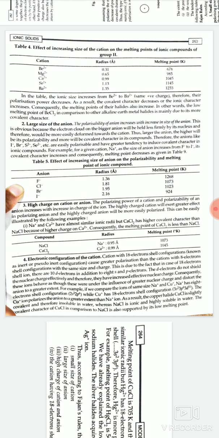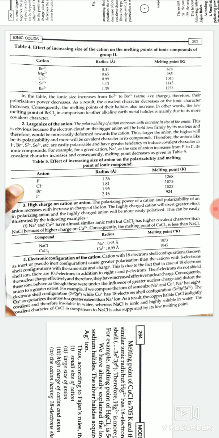For example, if we compare the ions of the same size Na+ and Cu+, Na+ has 8 electron shell configuration 2s2 2p6, while Cu+ has 18 electron shell configuration 3s2 3p6 3d10. The Cu+ ion polarizes the anion to a greater extent than Na+ ion.